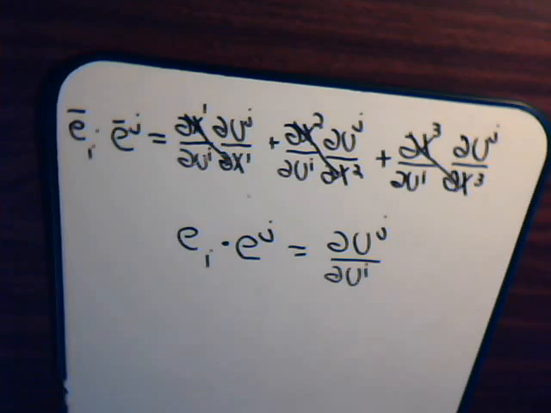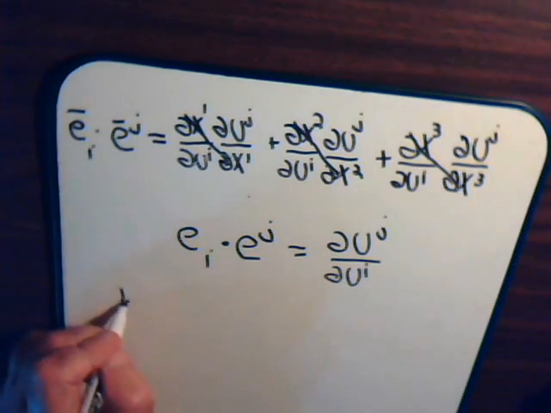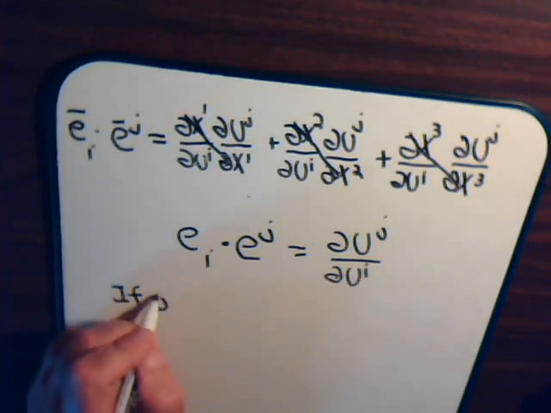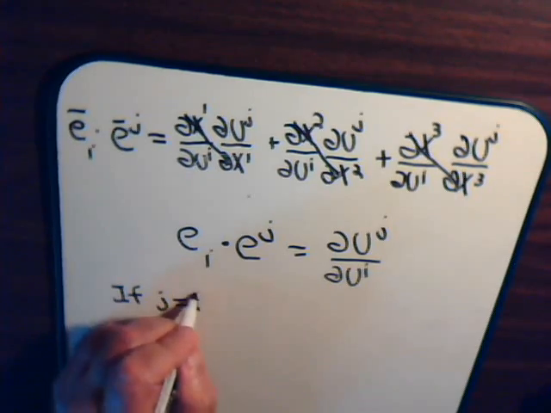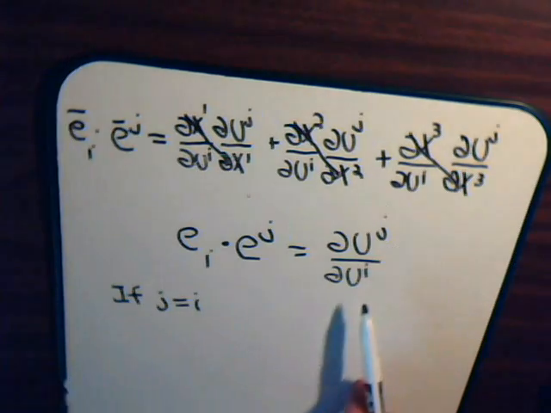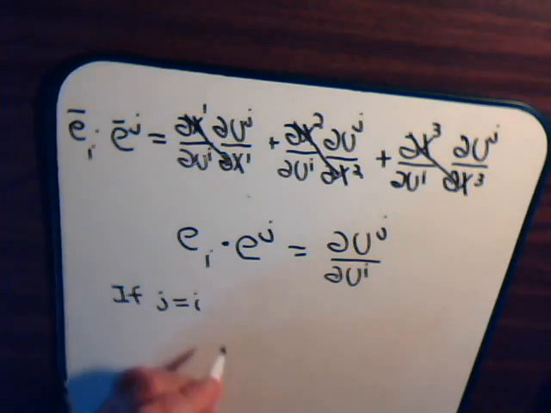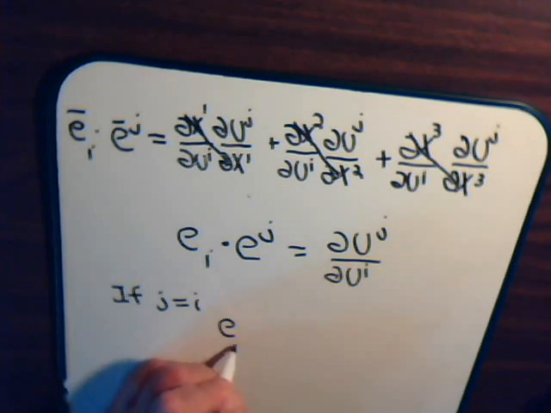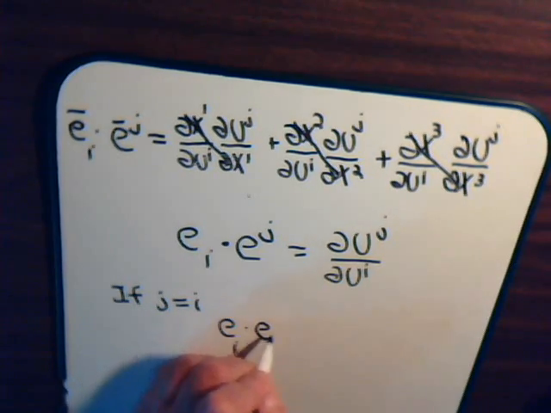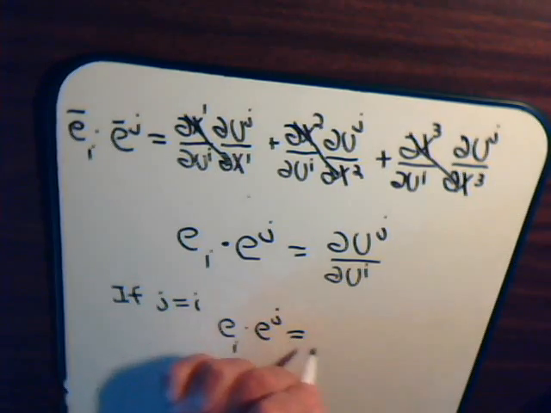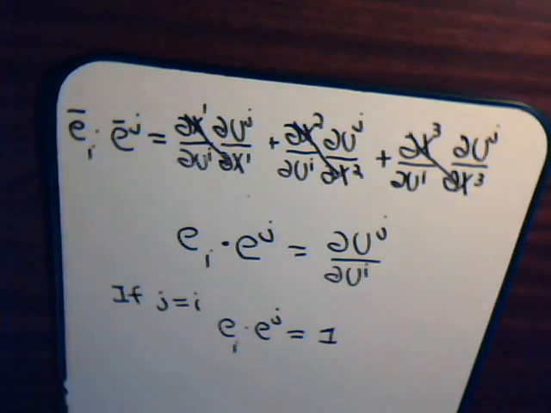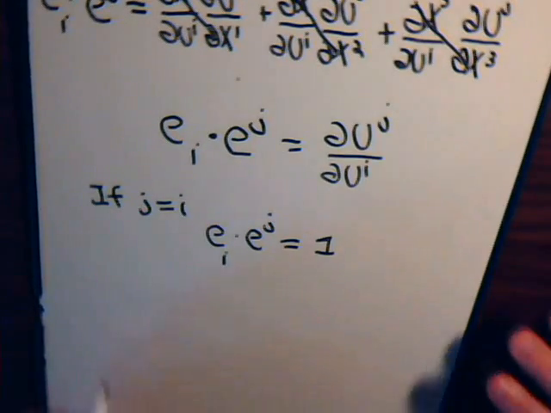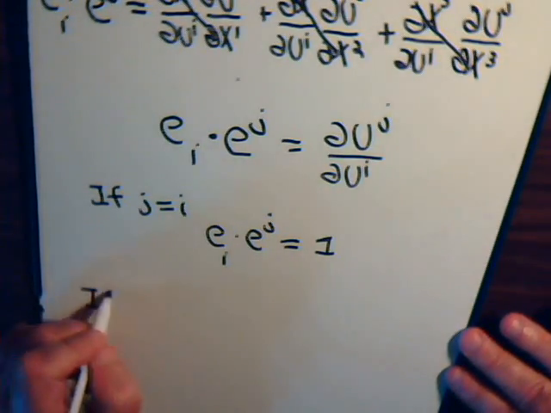Now, if j equals i, then we just have the partial of u_i with respect to u_i, and e_i dot e^j equals 1. Now what happens if, though, j does not equal i? They're different.